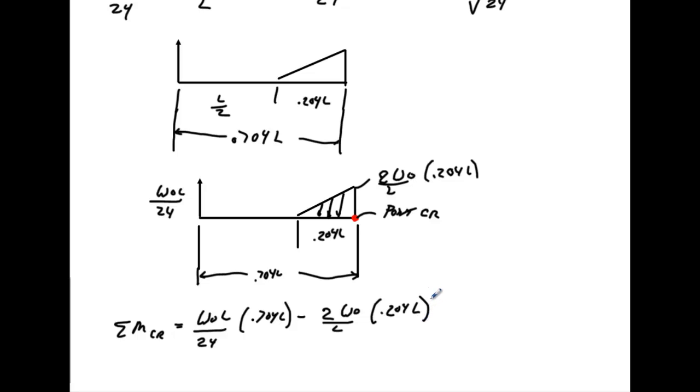Now we've got to multiply it times this length to get the force. Okay, there's the force, and now we have to do the moment arm, and we know the moment arm is going to occur a distance of one third of this.